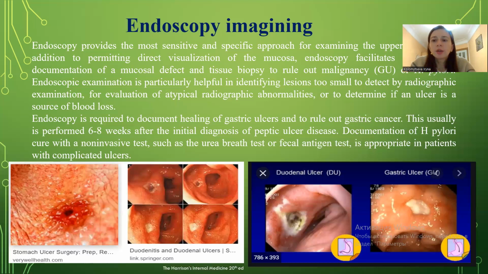Documentation of Helicobacter pylori cure with a non-invasive test such as urea breath test or fecal antigen test is appropriate in patients with complicated ulcer. So, you may see an endoscopy image for duodenal ulcer and for gastric ulcer.